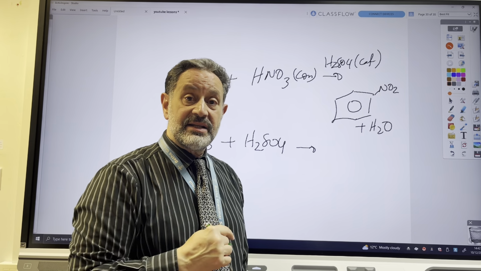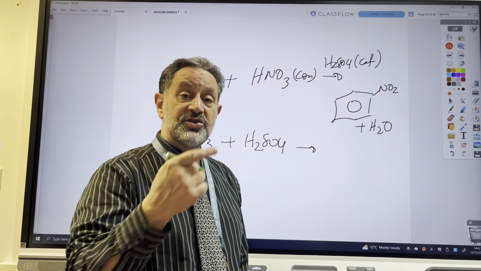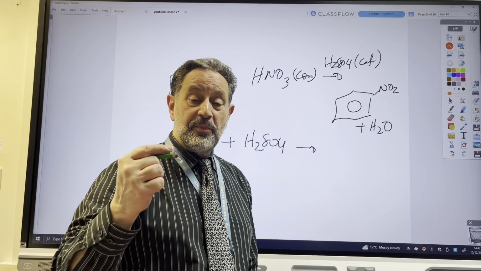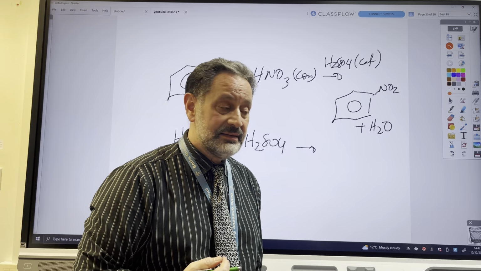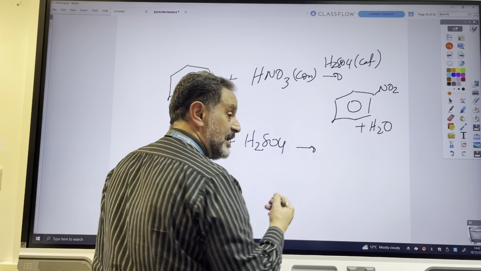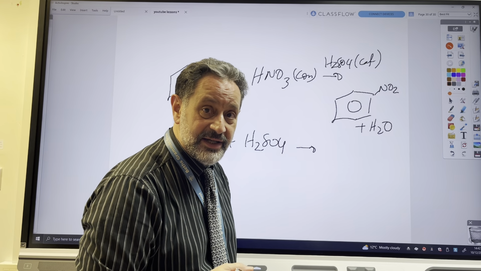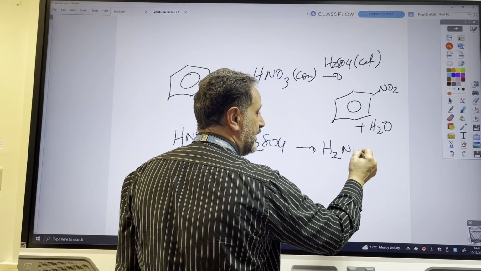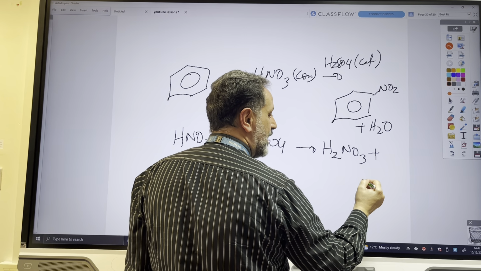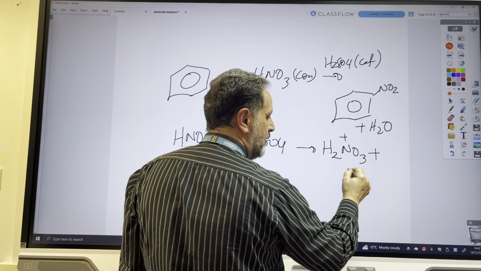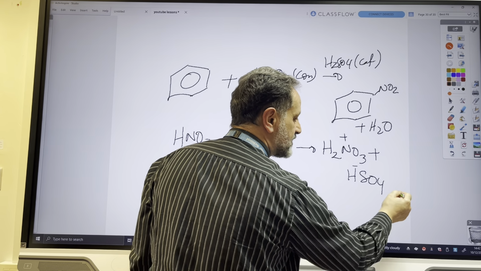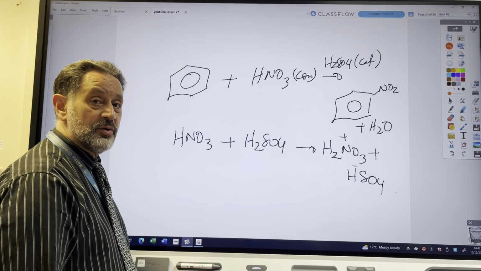Sulfuric acid is going to act as an acid, forcing nitric acid to act as a base, a proton acceptor. You can imagine if you were nitric acid, you wouldn't like it, would you? So your HNO3 becomes H2NO3+, with a plus charge, plus sulfuric acid that has lost one of its protons, and therefore it's HSO4-.